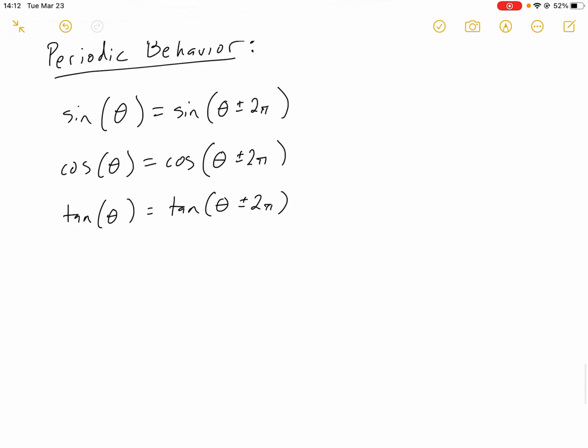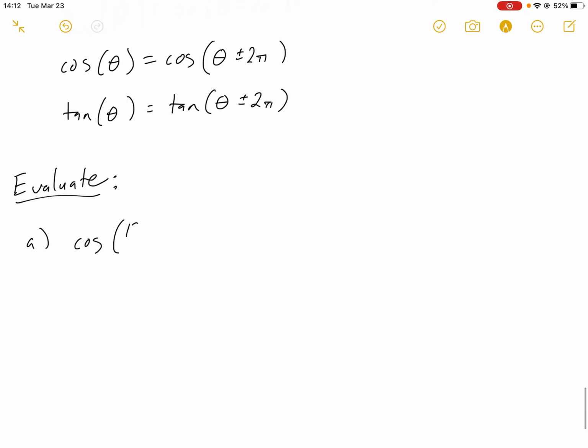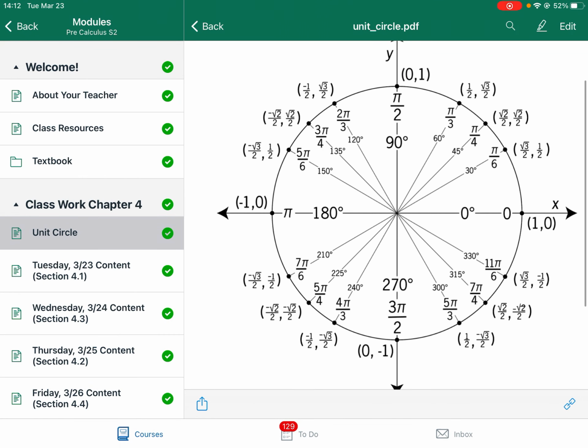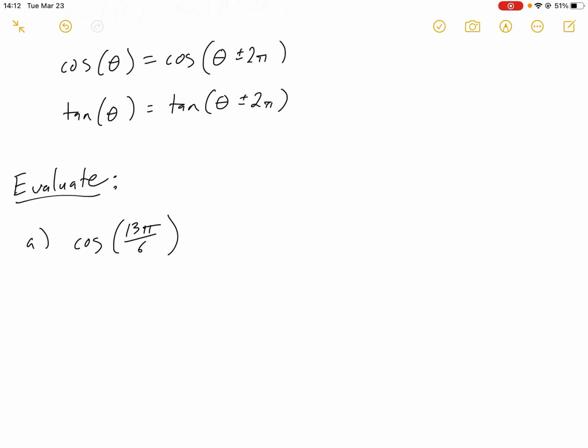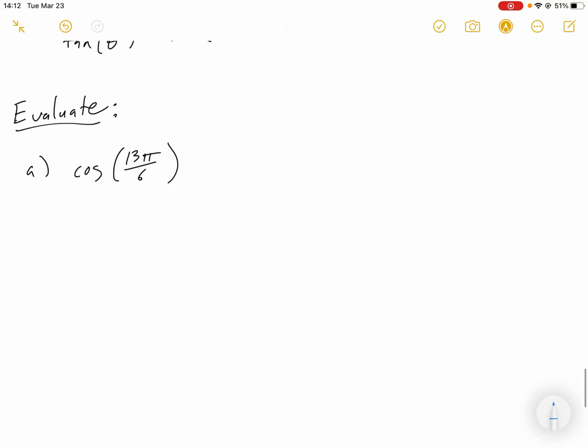So a typical question for this might be something along the lines of, let's say evaluate, let's do 2 examples here. The first one is cosine of 13 pi over 6. Now notice 13 pi over 6 is not on here. We actually stop at 11 pi over 6, all the way on the other side of the unit circle. So rather than dealing with 13 pi over 6, let's find a coterminal angle.